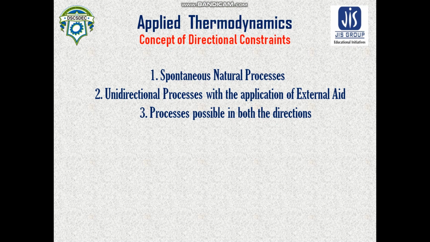Any spontaneous process has a natural directional constraint within it, so it can occur in a single direction only. To keep the process spontaneous, the directional constraints are always implied on it.